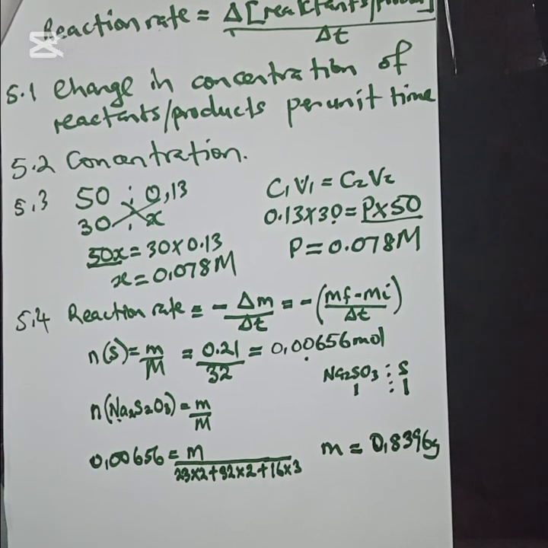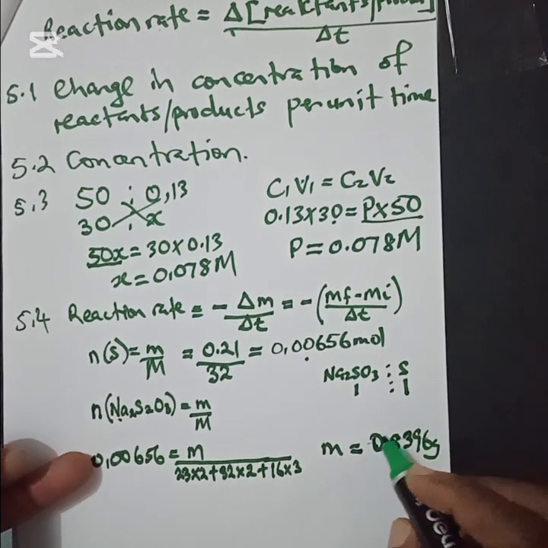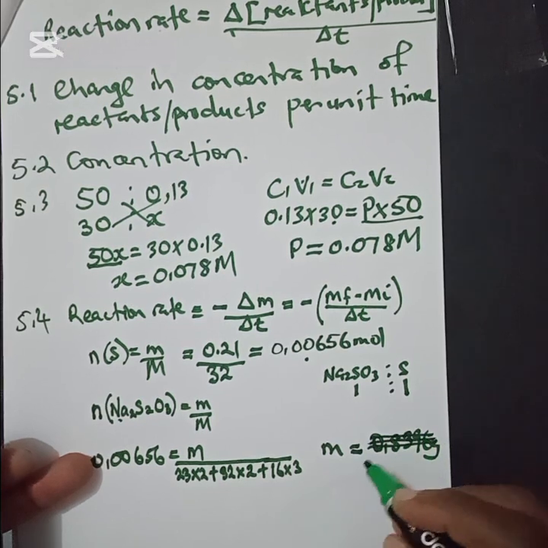23 times 2 plus 32 times 2 plus 16 times 3. Okay, 158 times 0.00656. Right, I had actually made a mistake in punching my calculator there.